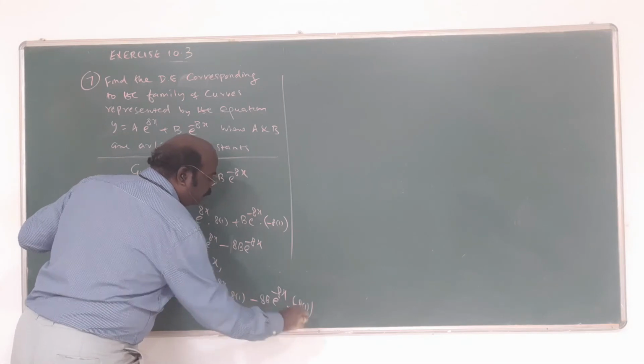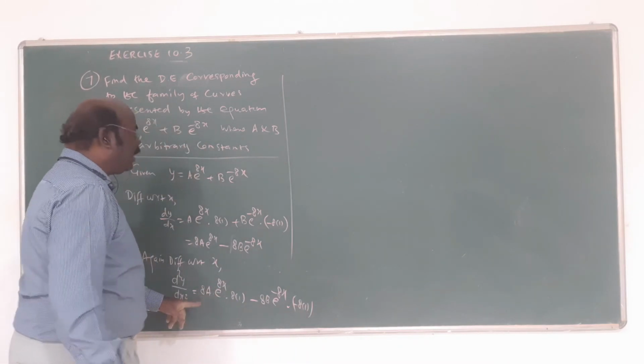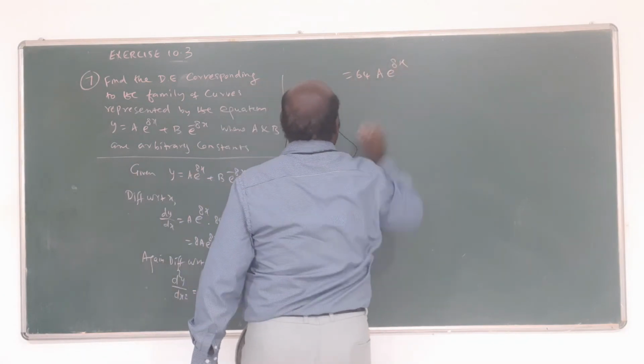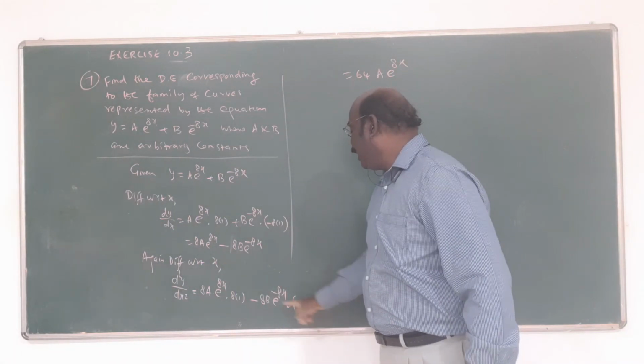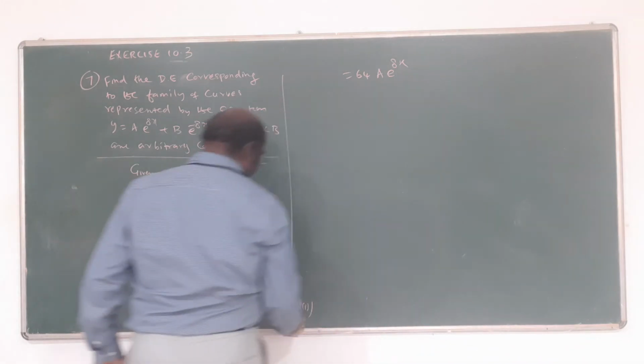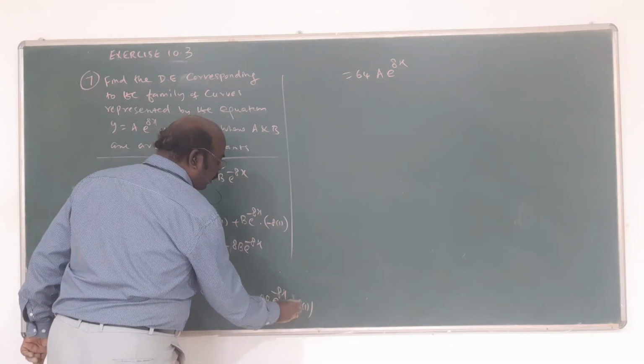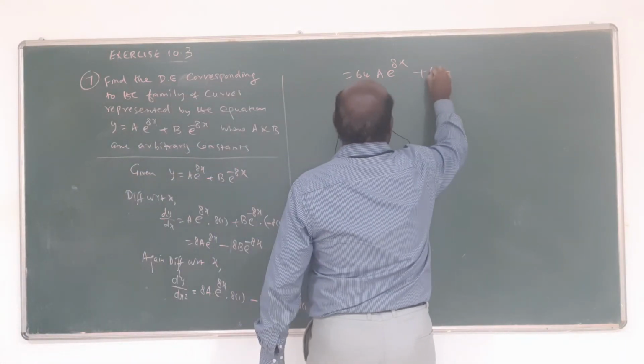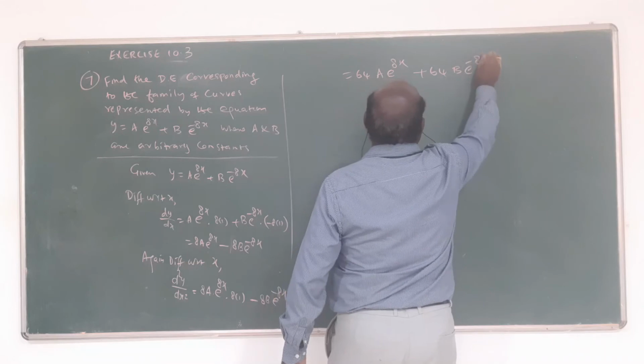Now multiply 8 into 8, 64a e^(8x). Again minus 8 here, also minus 8; minus into minus is plus. So plus 64b e^(-8x).